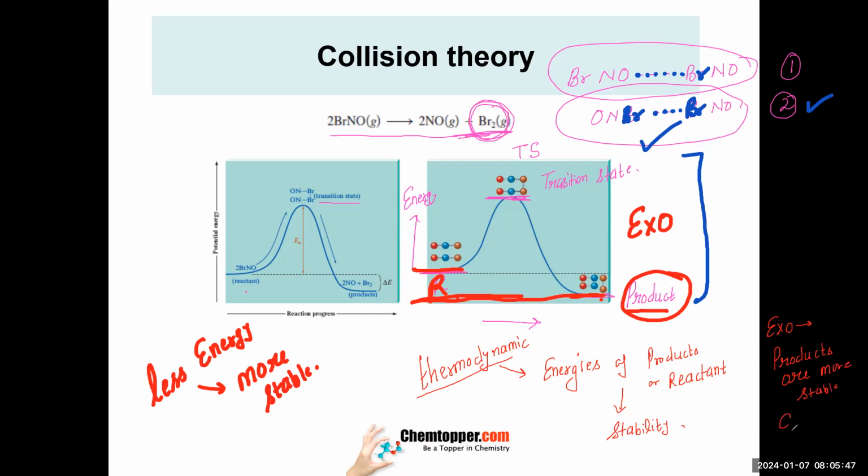Endo means reactants are more stable. And this concept is based on that more attraction, lesser energy means more stable. Whoever has less energy is more stable. Whoever is with high energy is less stable, right?